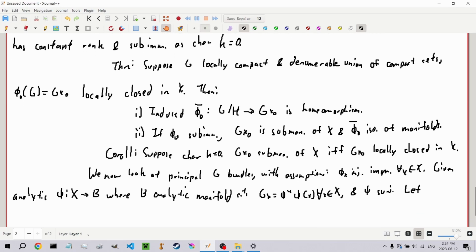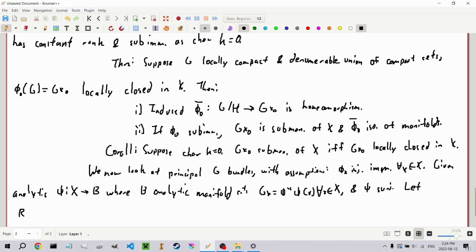We're going to let R be the equivalence relation on X times X such that there exists g in G such that y can be written as gx.